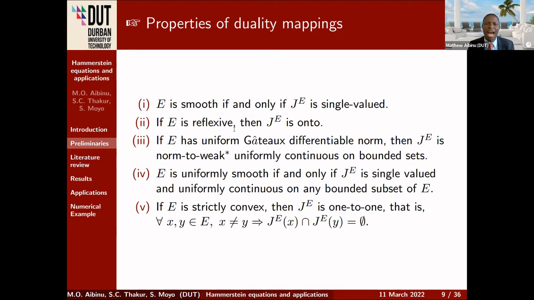If E has a uniformly Gateaux differentiable norm, then J_E is norm-to-weak-star uniformly continuous on bounded sets. E is uniformly smooth if and only if the generalized duality mapping is single valued and uniformly continuous on any bounded subset of E. And if E is strictly convex, then the generalized duality mapping J_E is one-to-one.